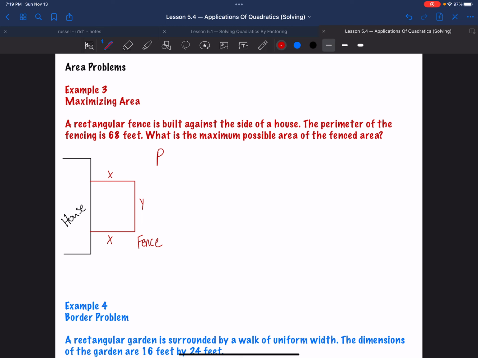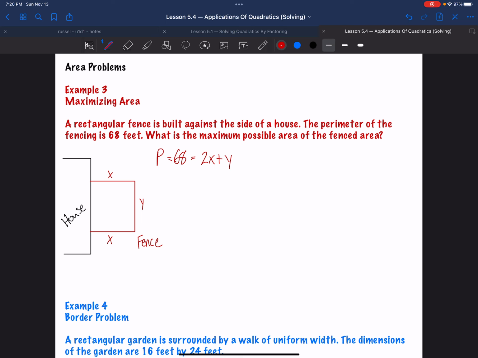So my perimeter P, well, I know that P is 68 feet, of course, but perimeter is the sum of the lengths, so it's x plus y plus x. And notice that the side on the house is not part of the fence. The house is the house. I'm using that as a side of this pen. So 68 feet equals 2x plus y.